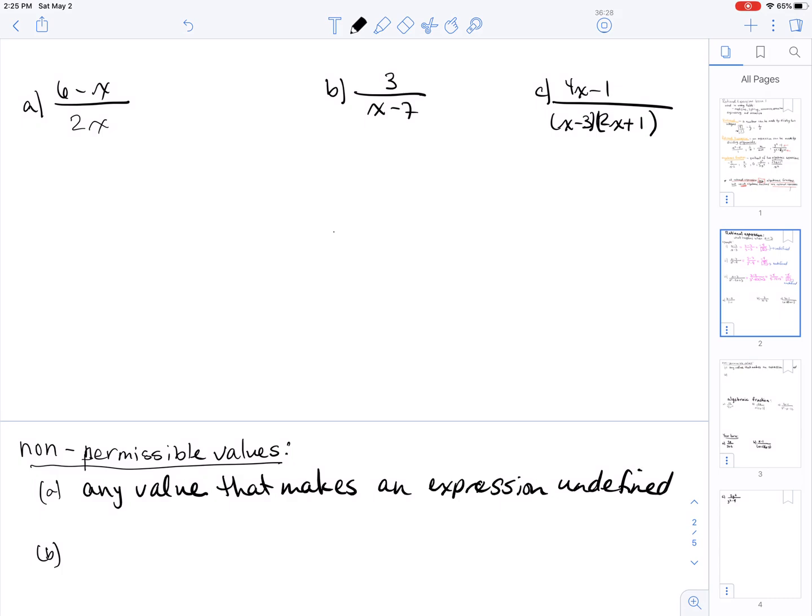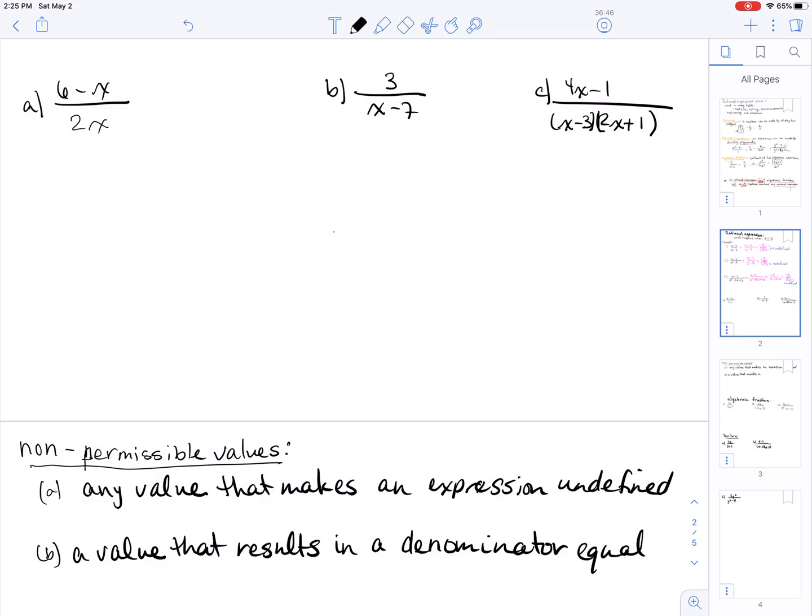Or, we can say it another way, it's a value that results in a denominator equal to 0.